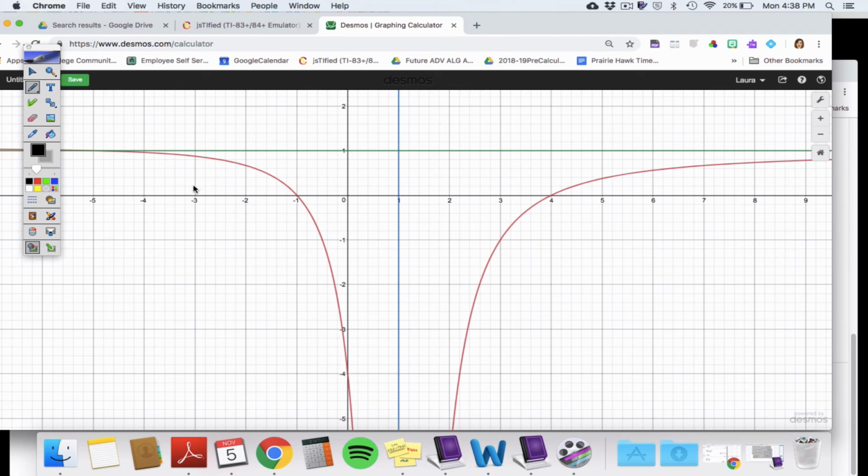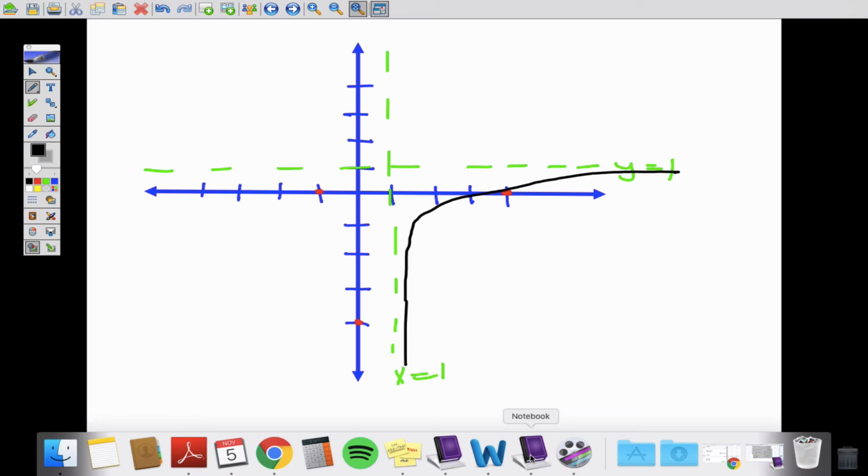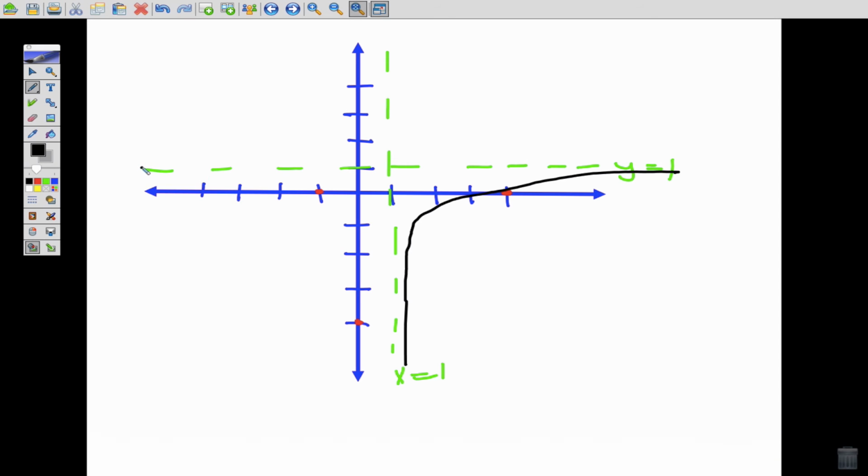And then we have this portion on the left that also approaches the vertical asymptote, and then starts to cross that other asymptote, and it goes through our x-intercept. This is probably not the best because it also needs to go through the y-intercept, and then it's going to go down. Again, rough sketch, but it gives us an idea of what that graph looks like.